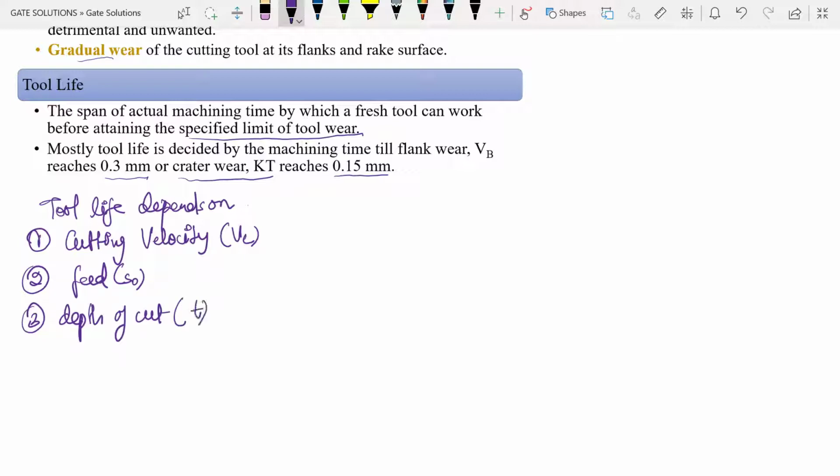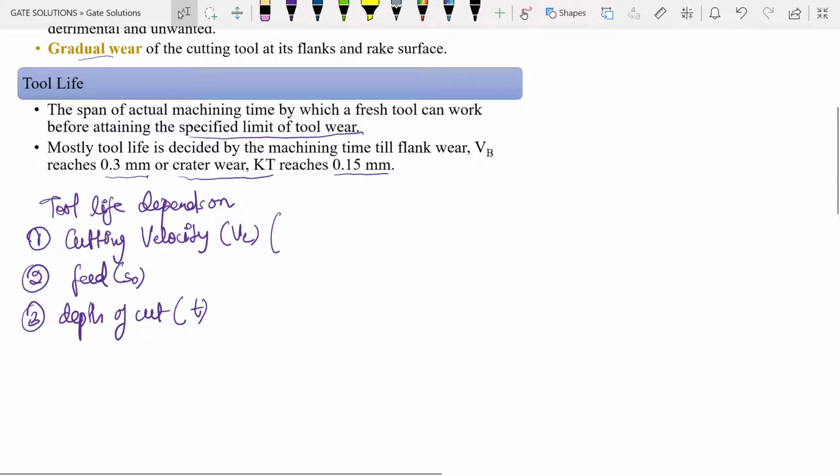It is found that the cutting velocity affects the tool life the maximum and the depth of cut affects it the minimum.